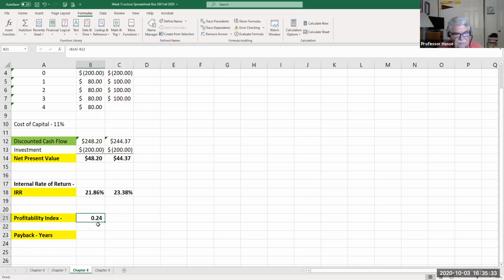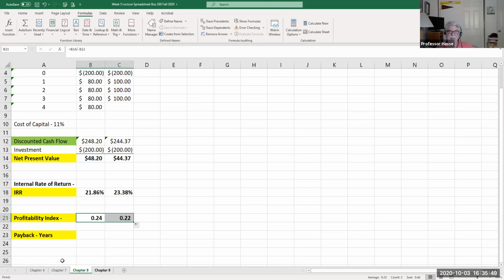Do the same thing here for Project B, 0.22. So the profitability index is the relationship of the net present value to the investment. It's a little higher. Naturally, the closer you get to 1, that's pretty cool.